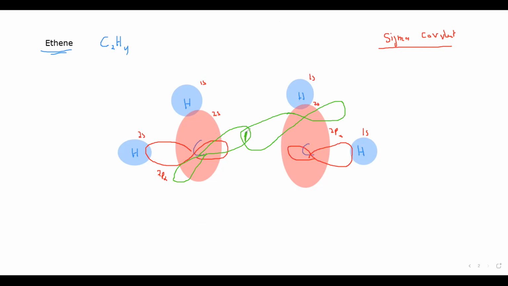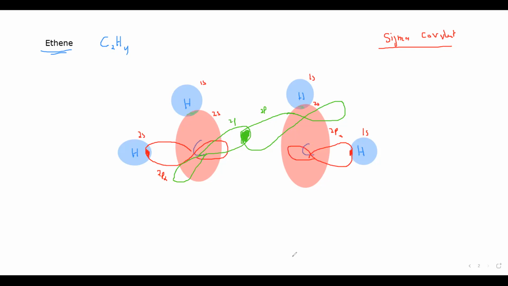Because it's a complete overlapping, this is also a sigma bond. When there's a complete overlapping, the bond is sigma. This part also, because there's a complete overlapping, the bond was sigma. And this region as well, because there was a complete overlapping, a sigma bond was there.